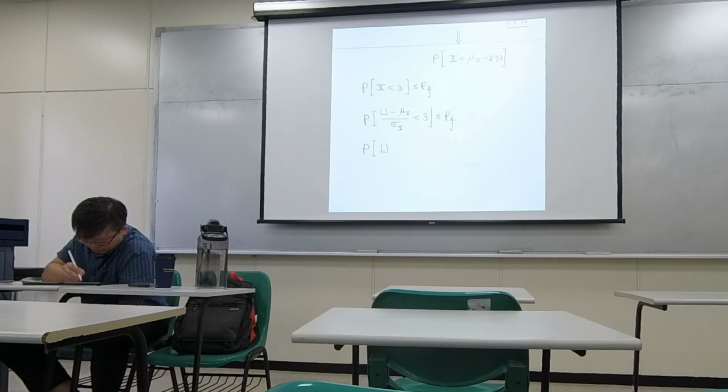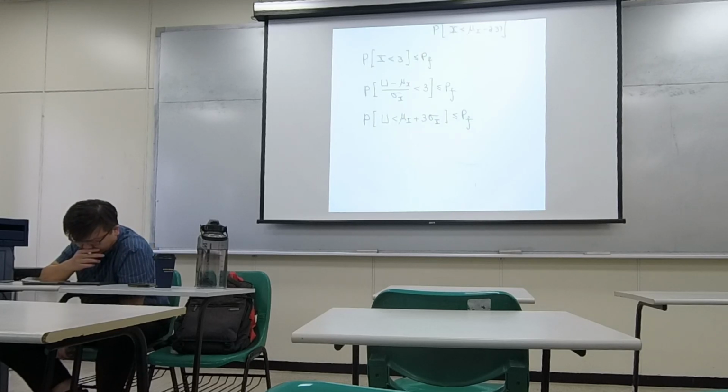U smaller than mu X plus 3 sigma, right? This is okay, and then I can convert.